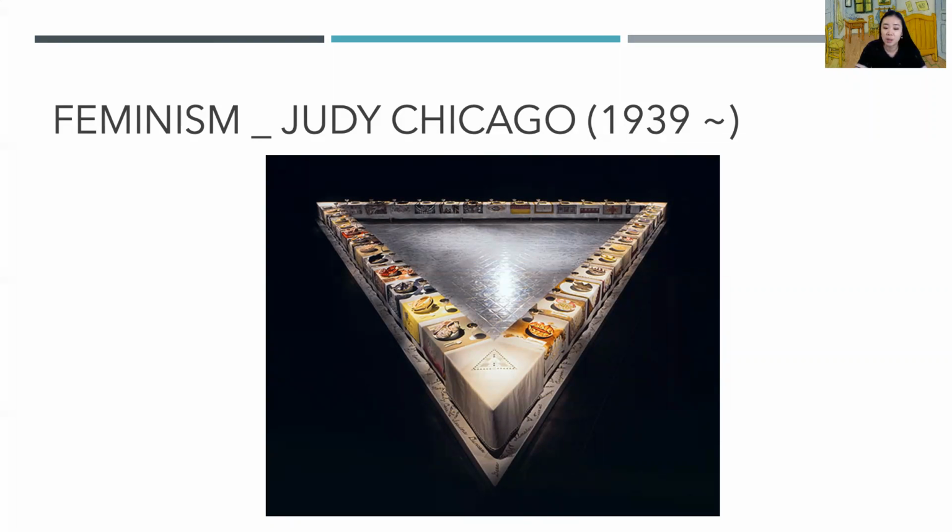Arranged around a triangular table are 39 place settings, each one created in honor of an influential woman, such as the Egyptian ruler Hatshepsut and the novelist Virginia Woolf. The names of an additional 999 important women are written on the floor tile here.